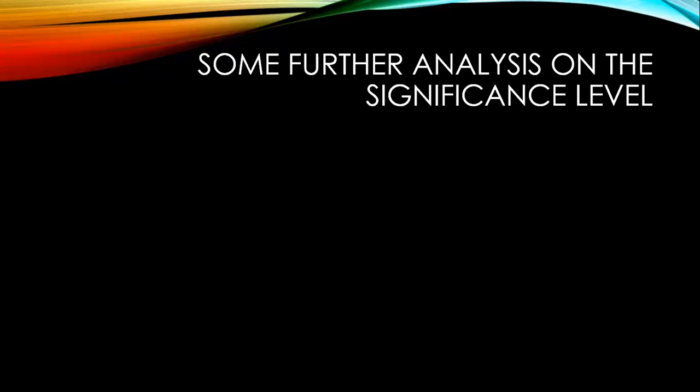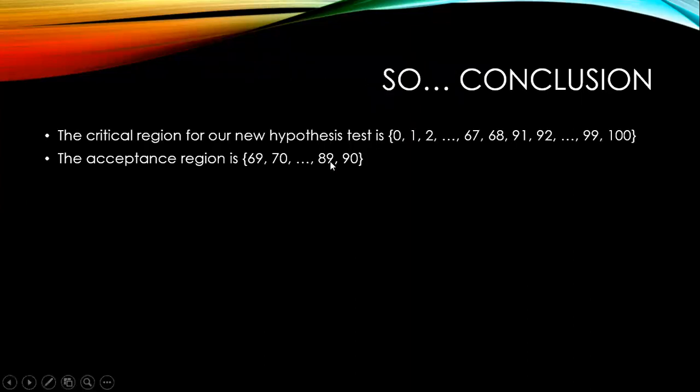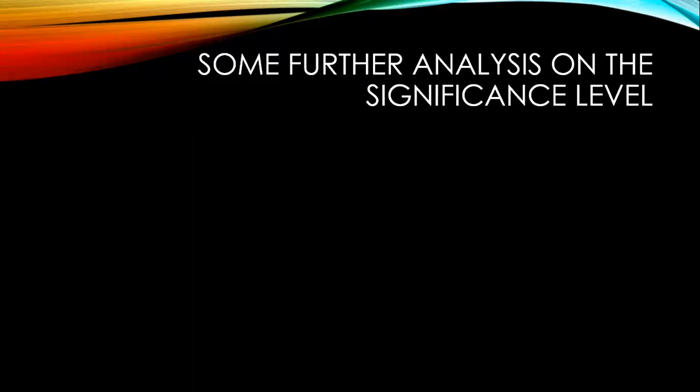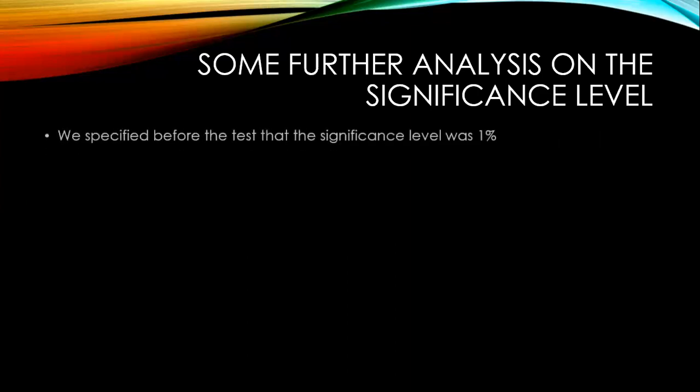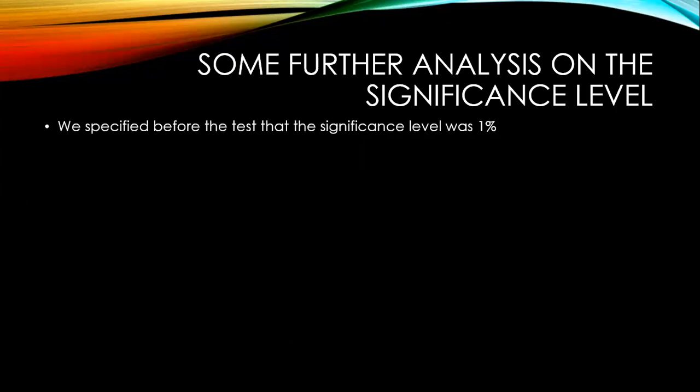So a little bit more further calculation. This is basically the conclusion for our critical region that we can decipher from our significance level. But let's do a little bit more analysis on that significance level. Before the test, we specified a 1% significance level. So we decided arbitrarily that we have a 1% probability of rejecting H0.